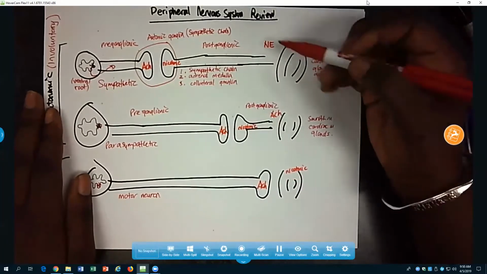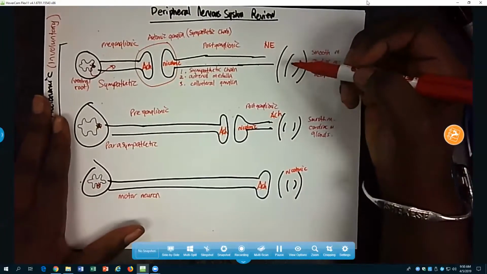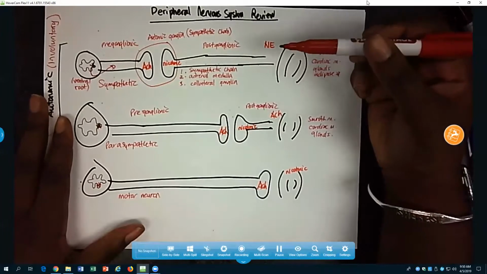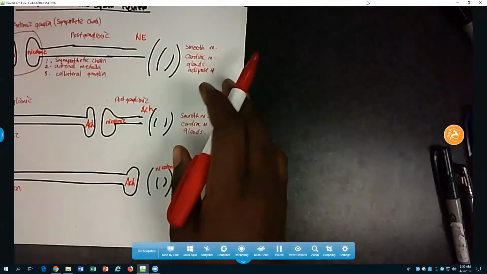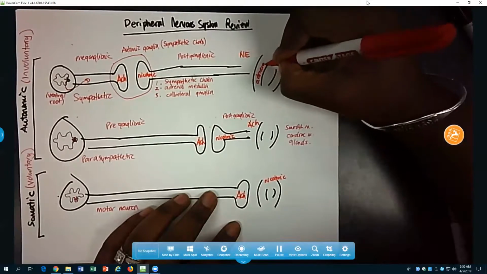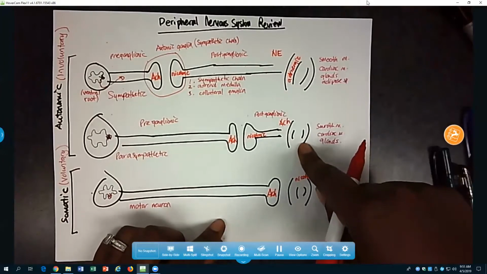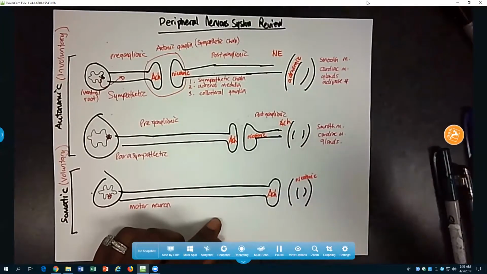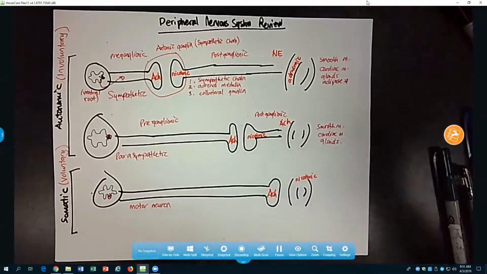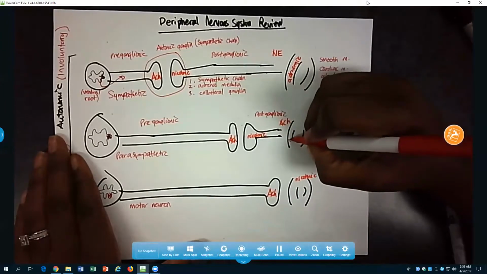What type of receptor does this norepinephrine bind to? Adrenergic, good. So adrenergic are on the sympathetic side. And what about the parasympathetic side? We know it's a cholinergic. Muscarinic, yep, muscarinic.